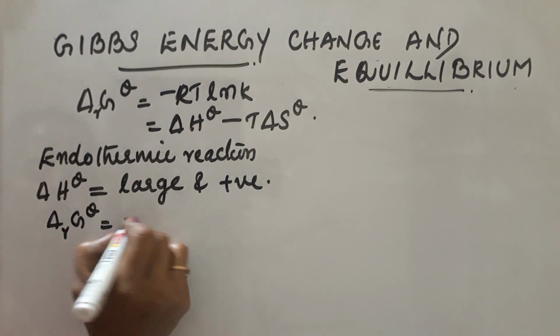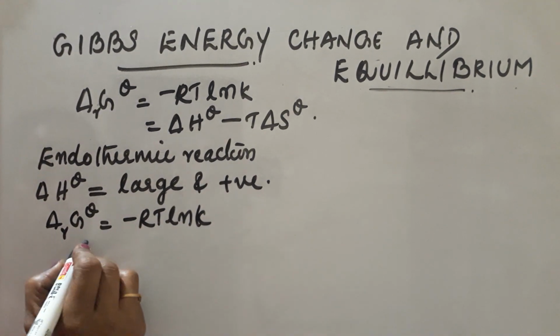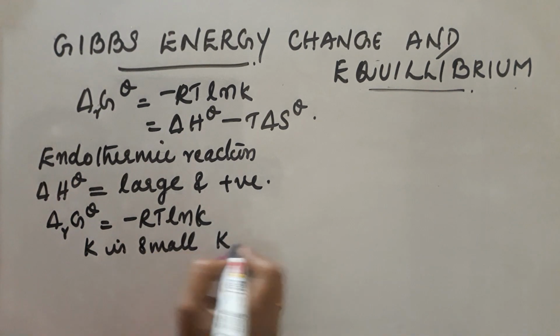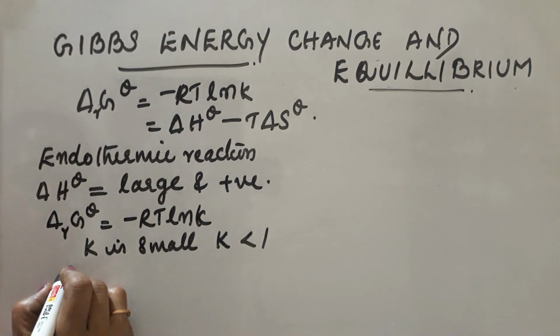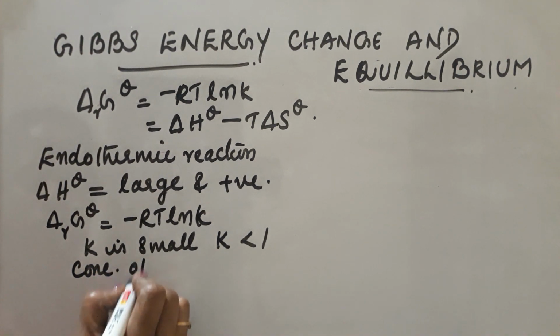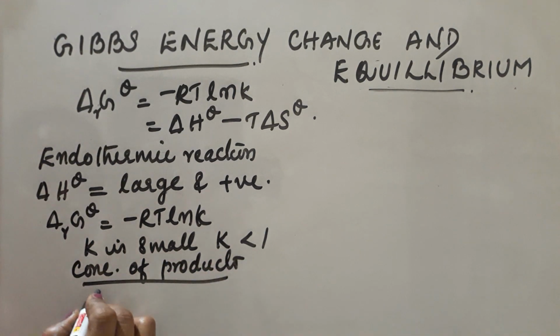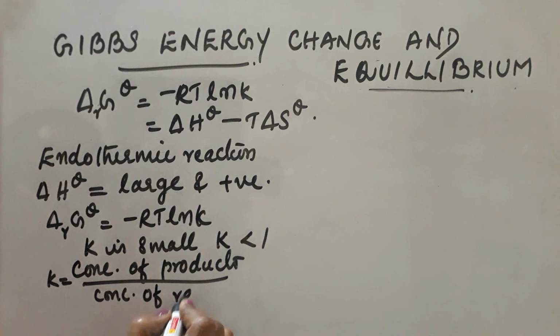Delta G of R, minus RT ln K, is large, so K is small, or K is less than 1. And we know K is the ratio of concentration of products to concentration of reactants, so if K is small, less product is obtained in this case.